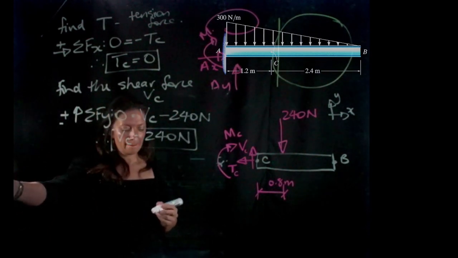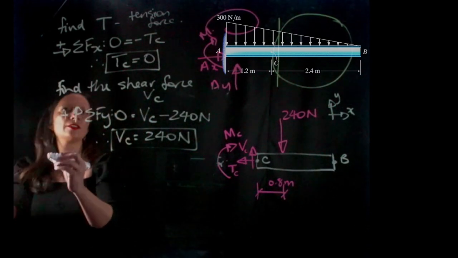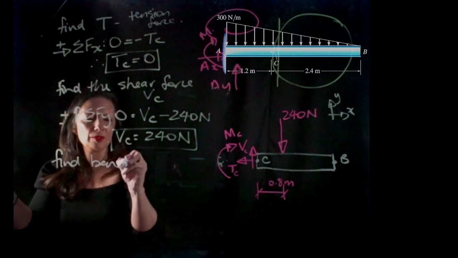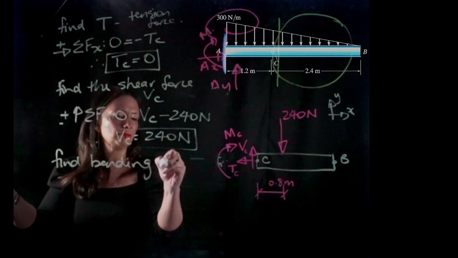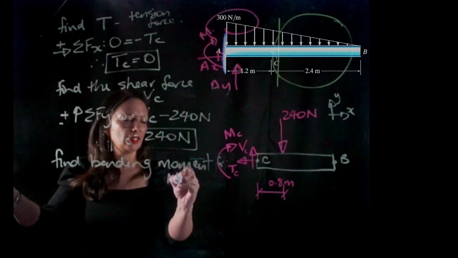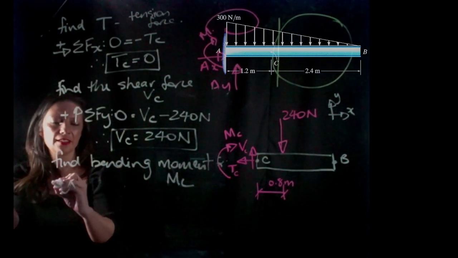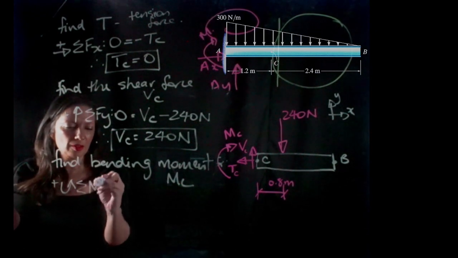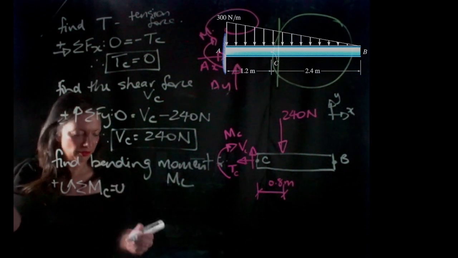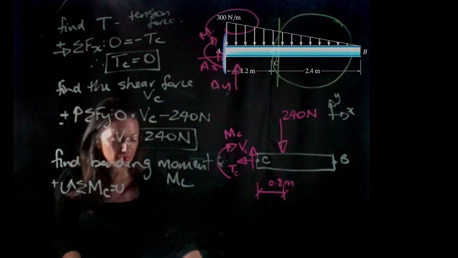Alright. So now, the last thing I want to find is the bending moment MC. I can say that the sum of the moments around C has to equal 0.